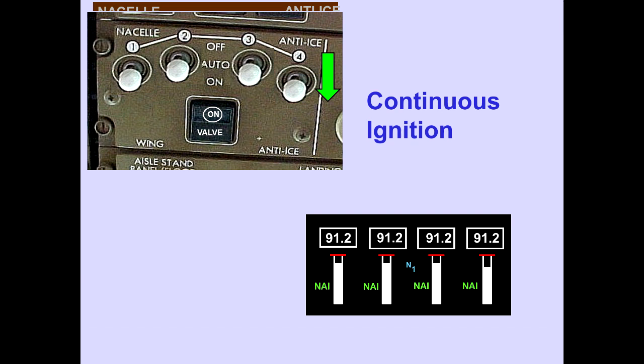When nacelle anti-ice is on, continuous ignition is provided for the respective engine, and NAI is displayed to the left of the respective N1 indication.